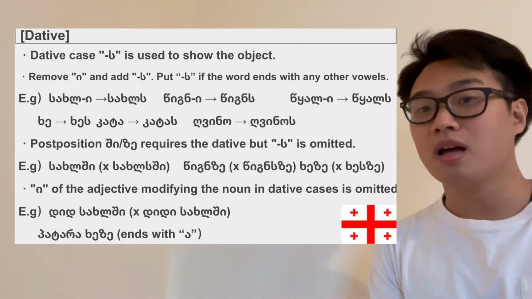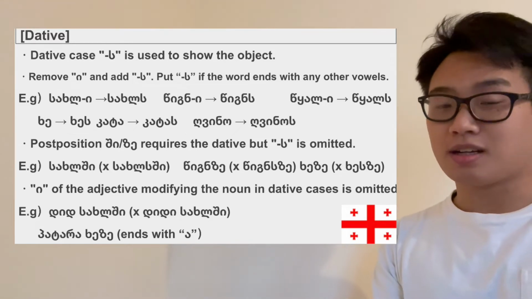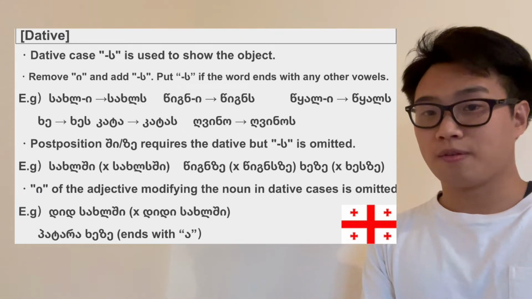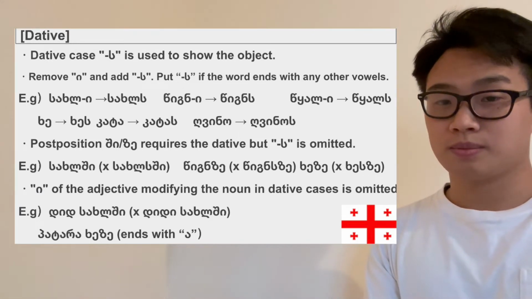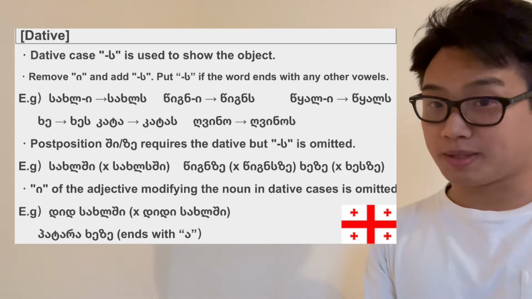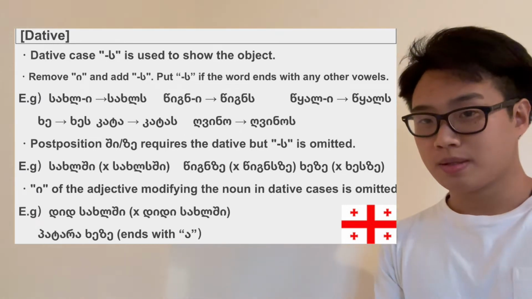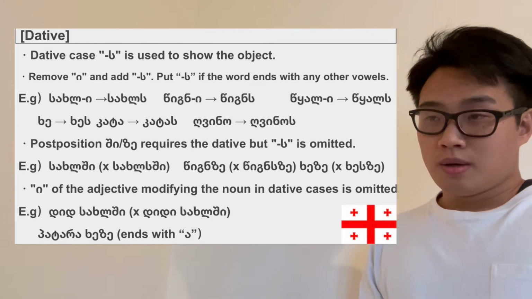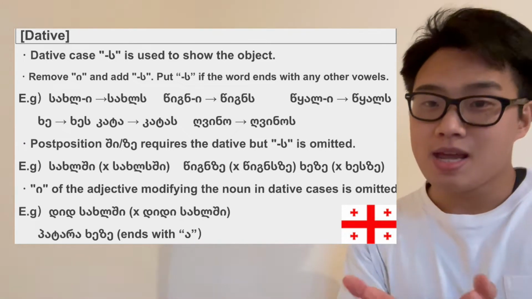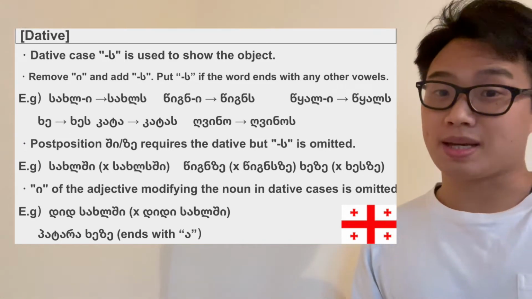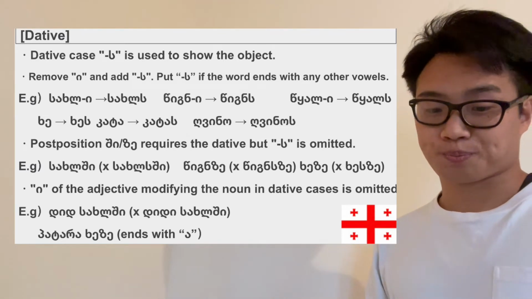Kata, katas. And the last example here, chvinos, because it ends with the letter o for the nominative case. It's easy, right? The main rule here is that you have to add s to make a dative case.